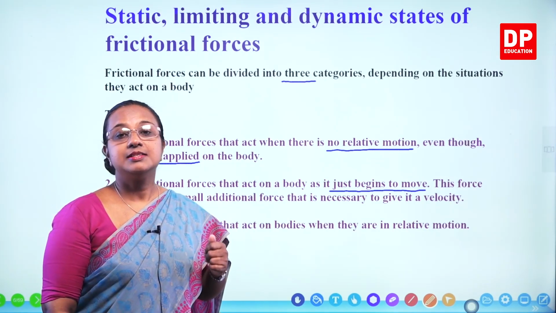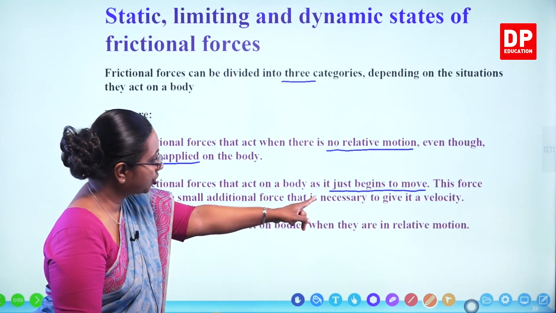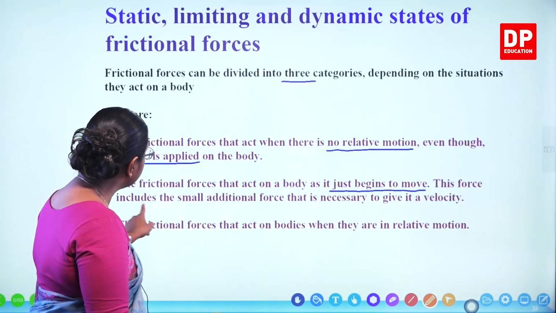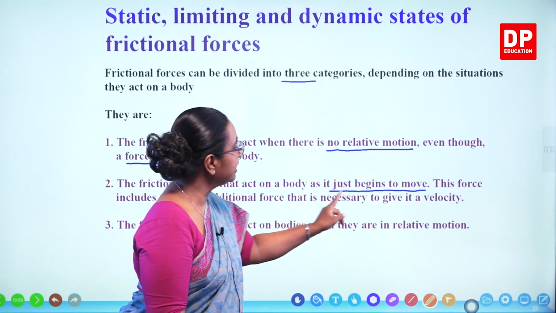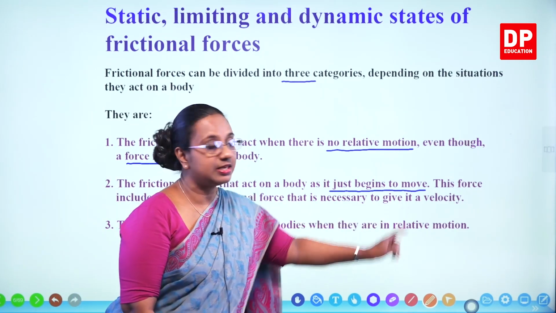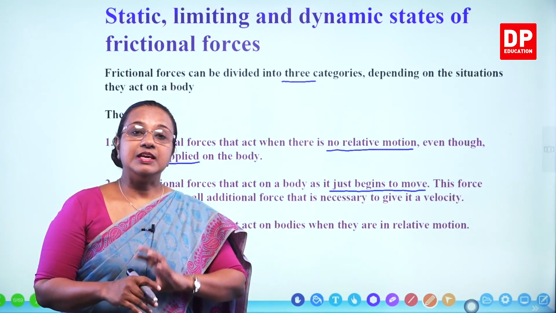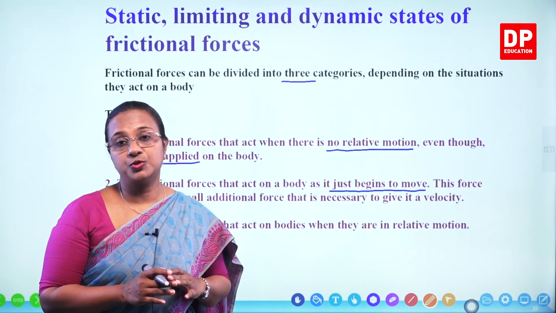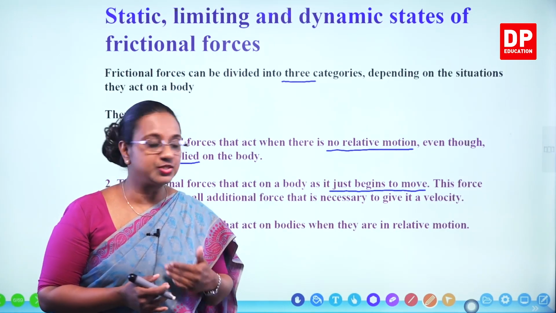That is the second instance. Let us look at the rest of it. This force includes the small additional force that is necessary to give it a velocity. When we push the object, we push with a higher force so that the object moves with a certain velocity.